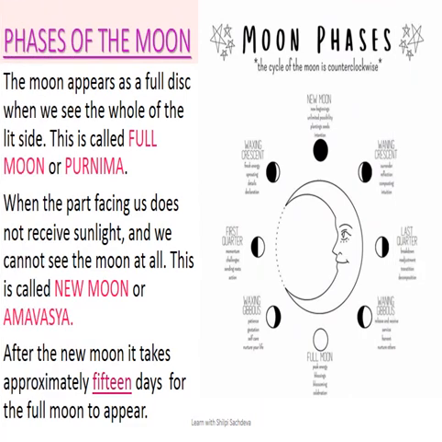Students, the moon appears as a full disk when we see the whole of the lit side. This is called full moon or Purnima. When the part facing us does not receive sunlight, we cannot see the moon at all. This is called new moon or Amavasya. After the new moon, it takes approximately 15 days for the full moon to appear.